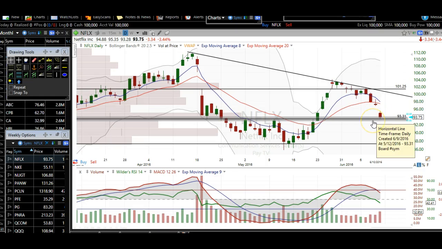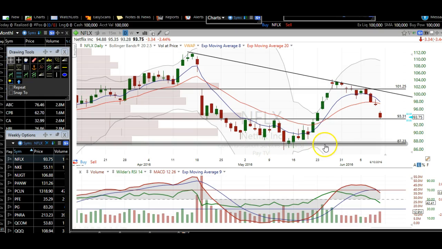Below this 93-ish support, we've got support right around 87 or so. So right around 87 from these few candles right here, we've got support on Netflix. Resistance trend line, support 93 and 87.